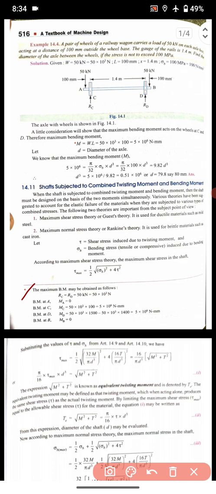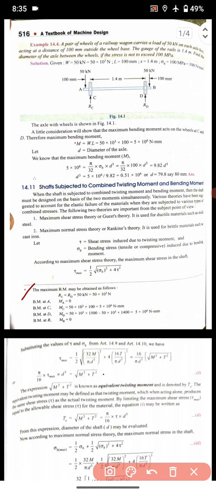Okay, bending moment at D will be 50 multiplied by 10³ multiplied by 1500 minus 50 multiplied by 10³ multiplied by 1400, which gives the same Newton millimeter value, and bending moment at B is again 0.